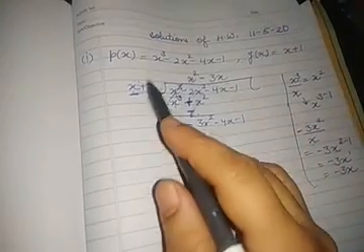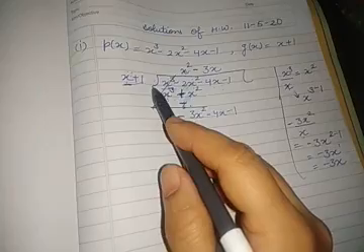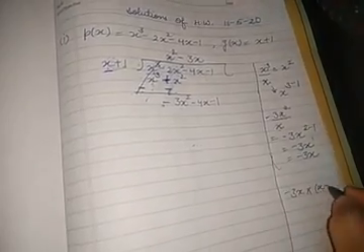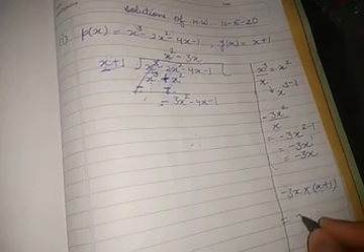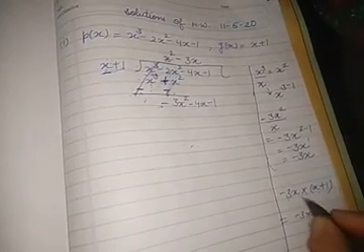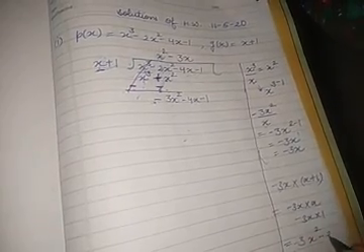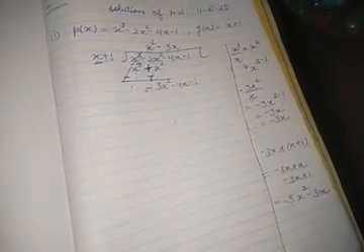Now we will multiply this minus 3x with x plus 1. What we will get? Minus 3x into x and minus 3x into 1. So minus 3x into x, minus 3x square, minus 3x into 1, it will be minus 3x.